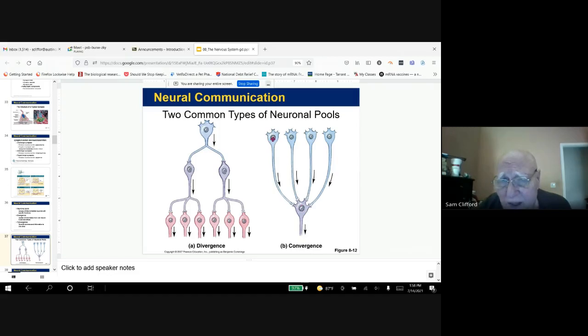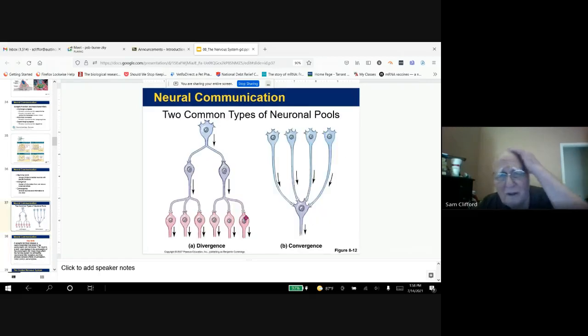So this information comes in as an electrical signal. There's a synapse here, but this is convergent because the electrical signals are being consolidated and their effect is processed and sent to this one terminal axon. Here, the information is spread out among multiple axons.